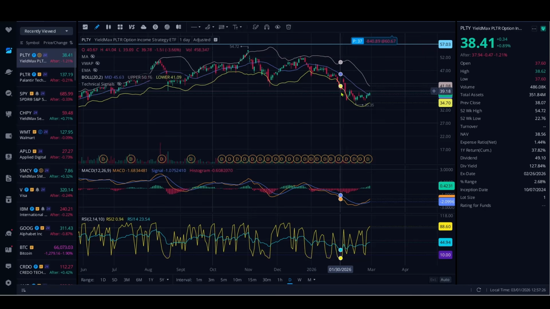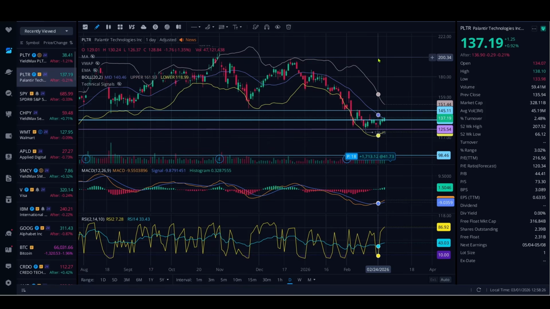And you can see it has been moving down. But since about February, we have seemed to trade sideways right here. So are we sitting at a support that it's bouncing off of? Well, let's go and take a look at PLTR to see if we can find out if there is a support on PLTR that is supporting PLTY.